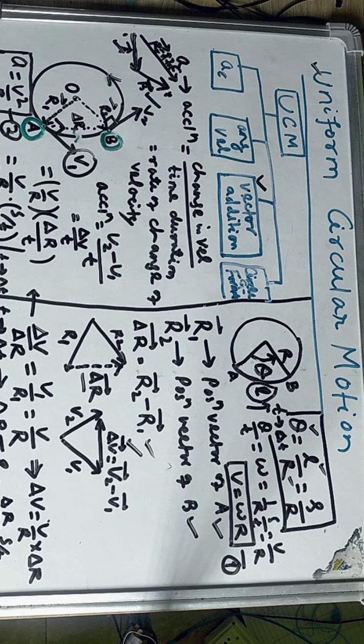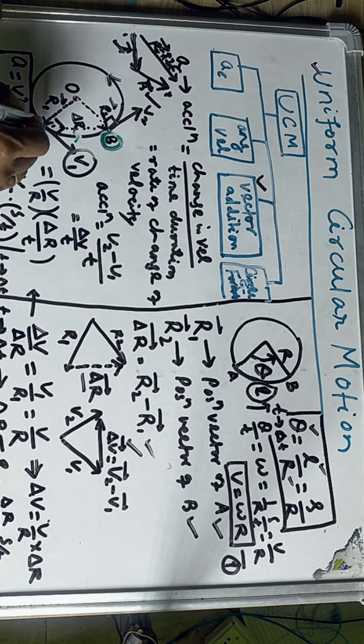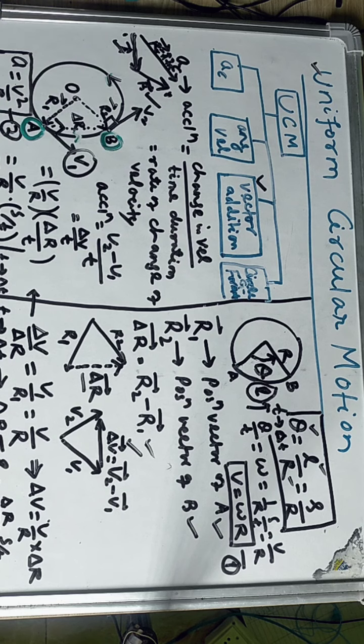Speed is the magnitude of velocity of the object. At each point, the magnitude of the velocity remains constant, whereas velocity changes due to the change in direction of the velocity.